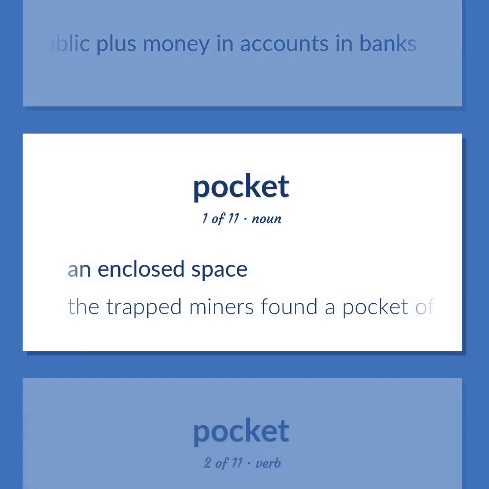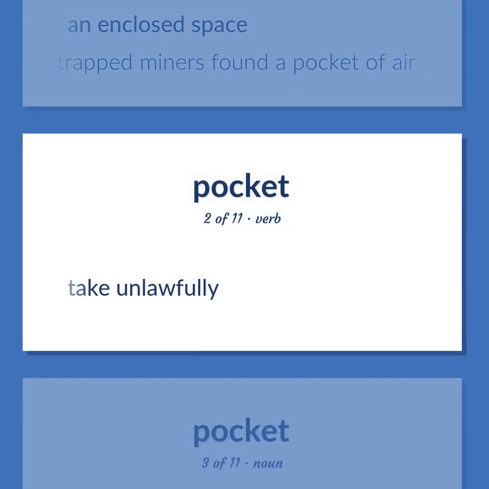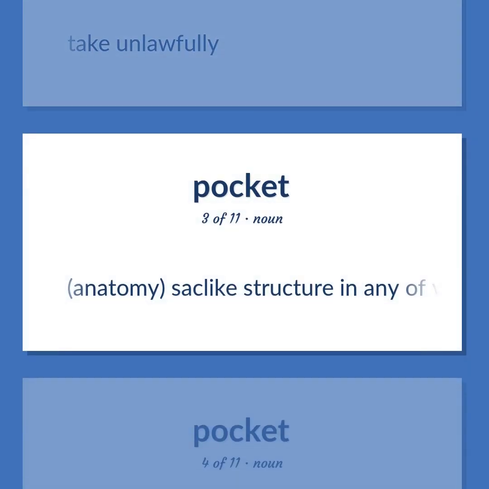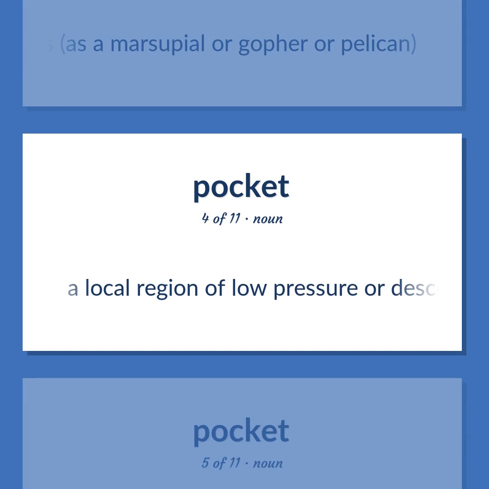An enclosed space. The trapped miners found a pocket of air. Take unlawfully. Anatomy. A sac-like structure in any of various animals, such as a marsupial or gopher or pelican. A local region of low pressure or descending air that causes a plane to lose height suddenly.